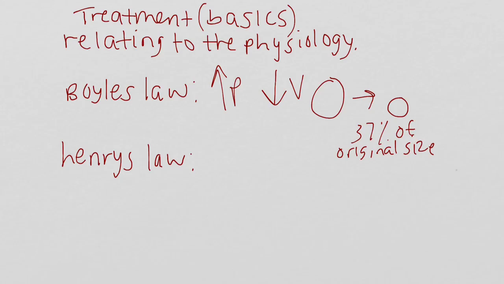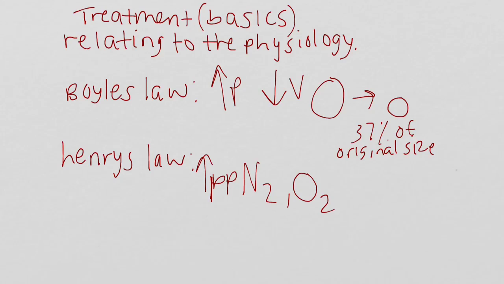Well, now let's look at how this is related to Henry's law. If I increase my pressure, that means I increased the partial pressure of all those gases. So now I have a higher partial pressure of nitrogen, of the 21% oxygen in the air.